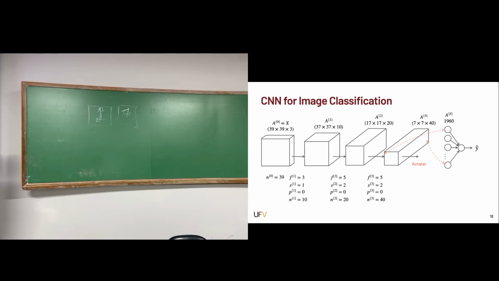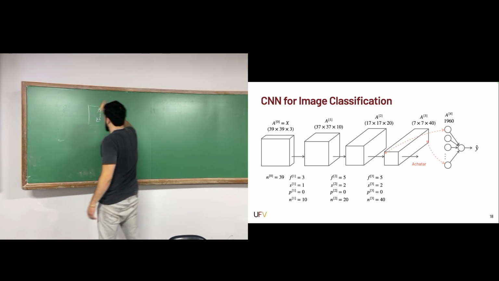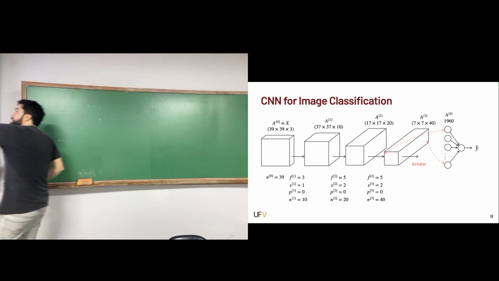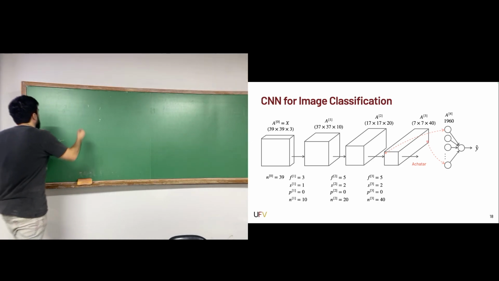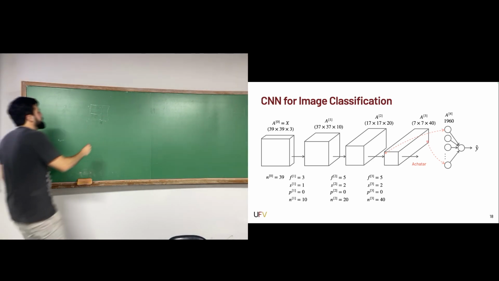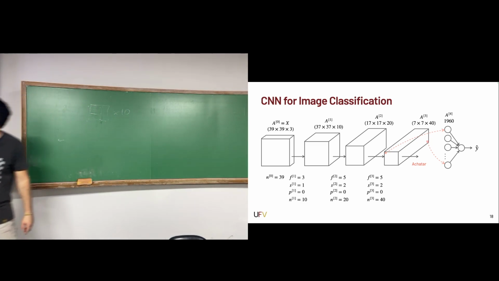So I have 10 filters, no padding, stride of size 1, so I'm going to do the convolution one step at a time, and filter size 3. What you should be able to imagine at this point is that this arrow here is applying a filter that is 3 by 3, and I have 10 of them because of this.